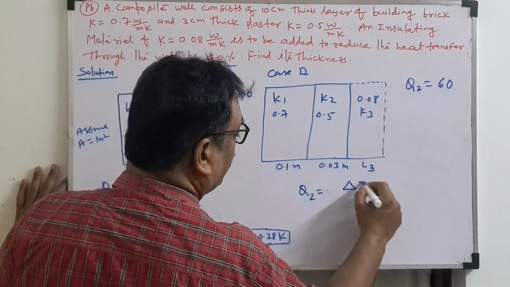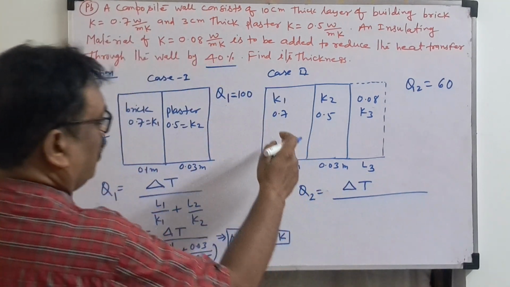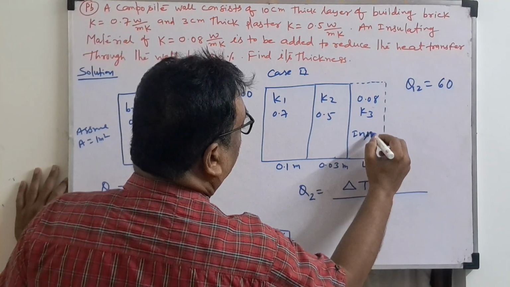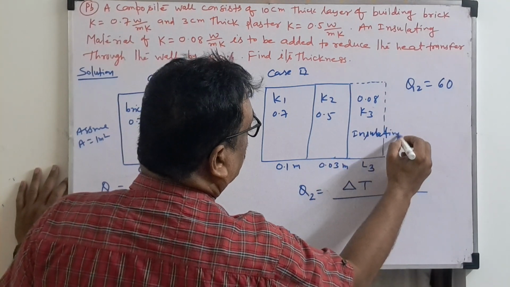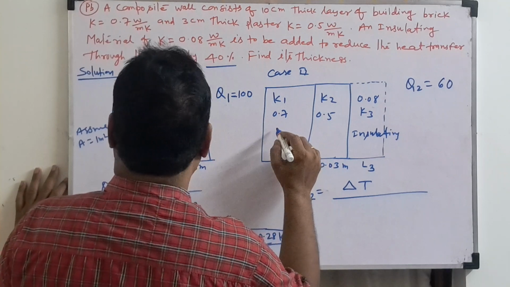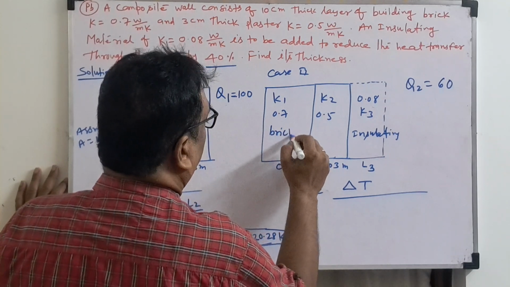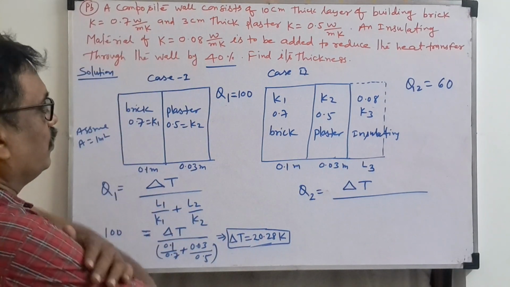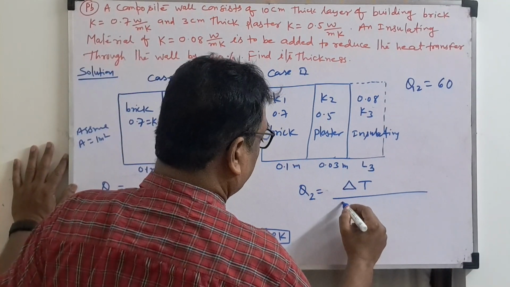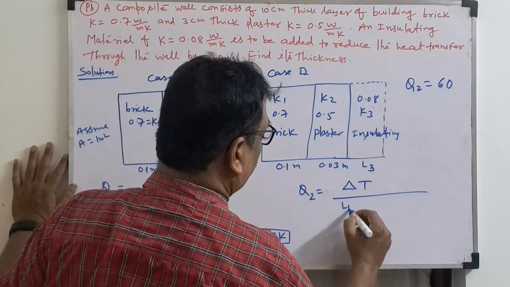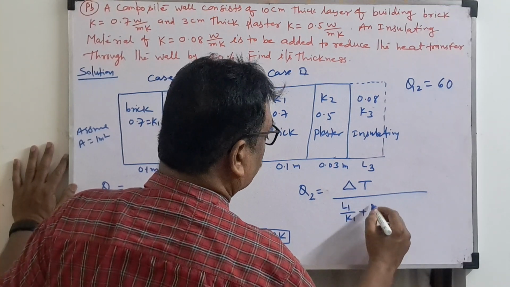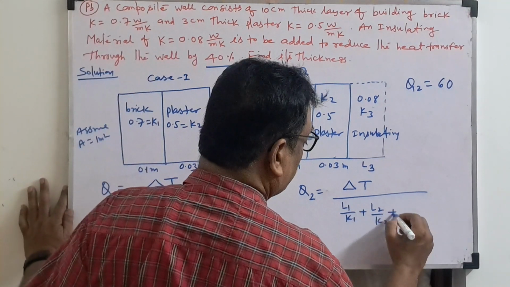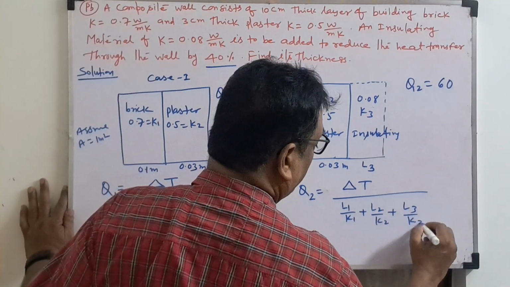Again delta T, but here three layers are there: one brick, one plaster, and one insulating layer. This is the insulating layer, this is brick, and this is plaster. So again L1 by K1 plus L2 by K2 plus L3 by K3.